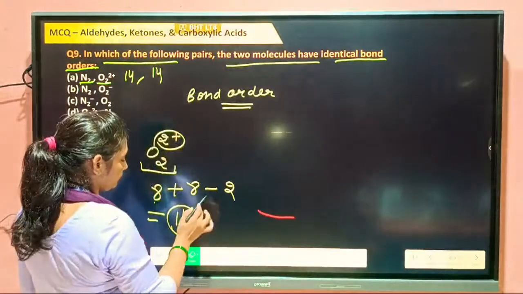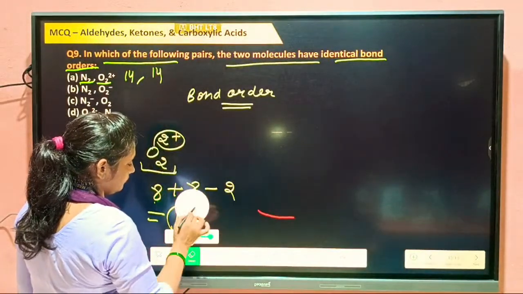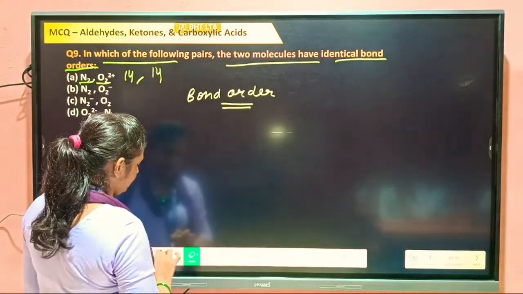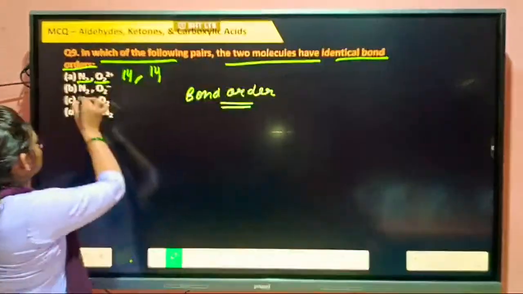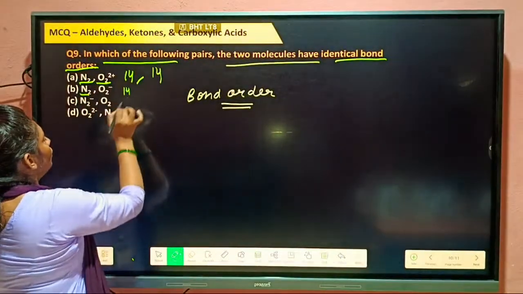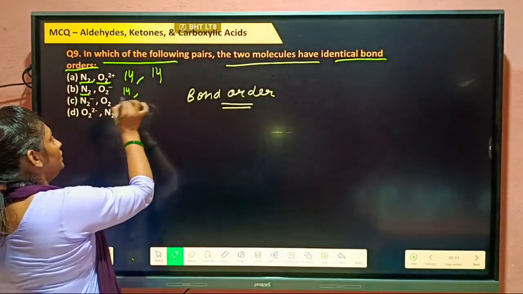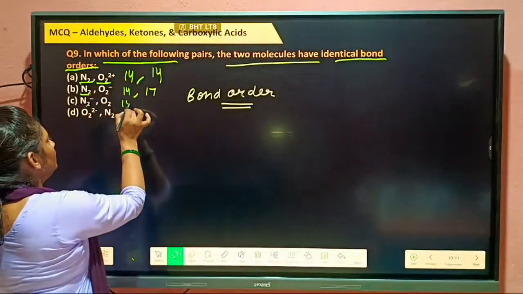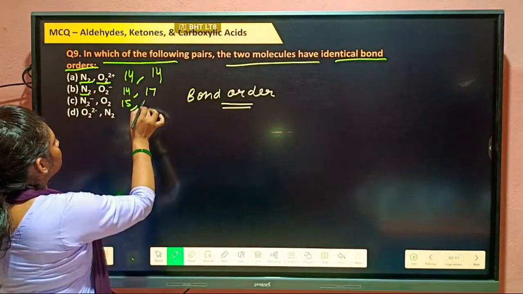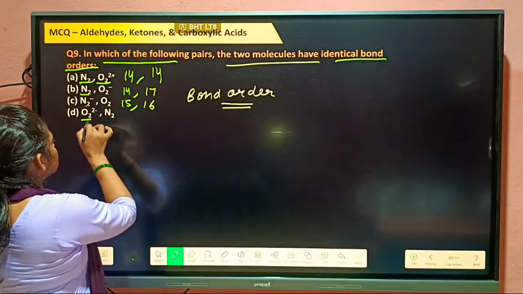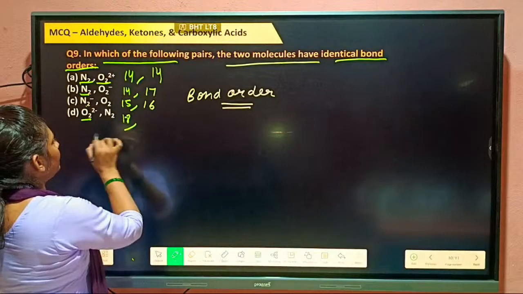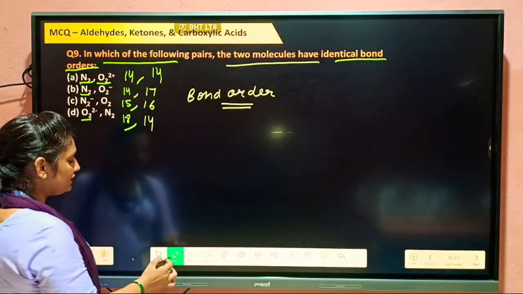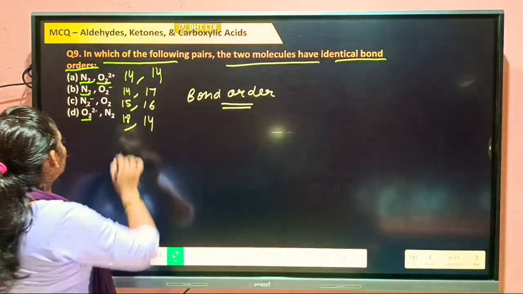Now in the second option, N2 is 14, and O2 minus is 16 plus 1, so 17. Here 14 plus 1, 15. Here 16. So here 16 plus 2, 18. Here N2, 14. So which pair has the same number of electrons?